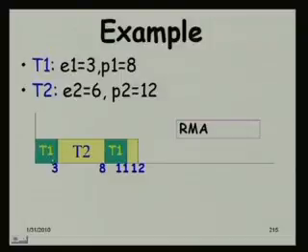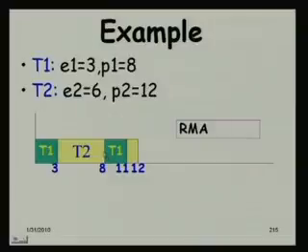So, T1 has higher priority, runs up to 3, and then T2 runs up to 8 and gets preempted here. That is what we are saying, it is getting preempted here because of the static priority.